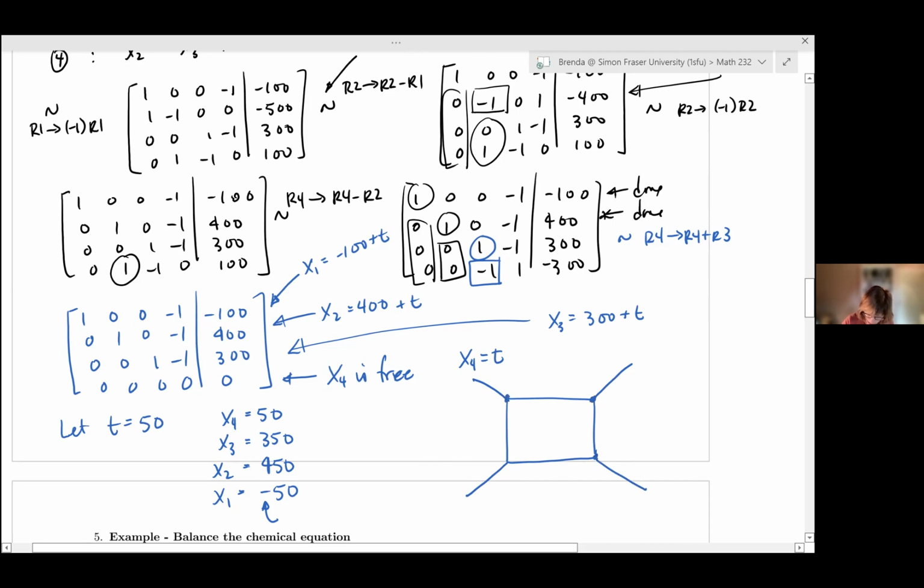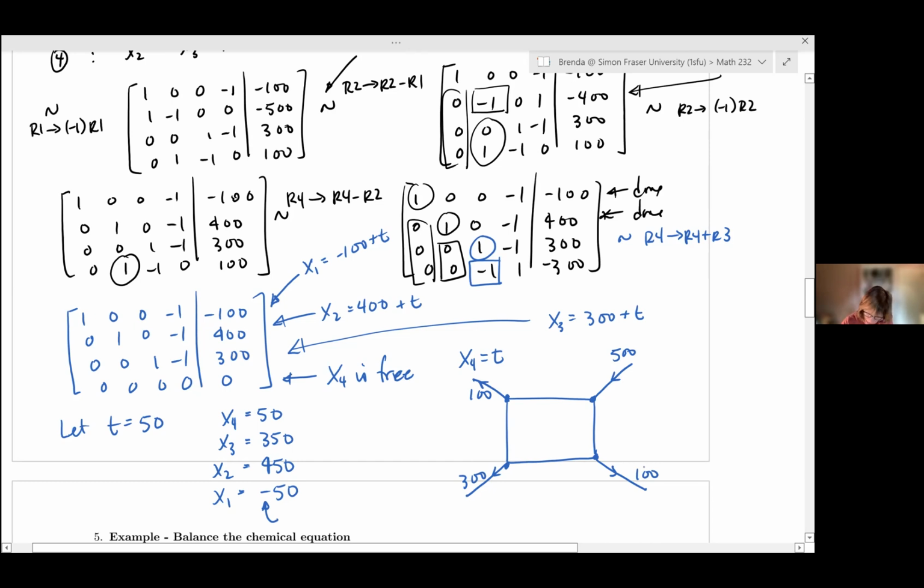So these are the nodes here like this. We had the known flows here of 100, 300, 500, and we have directions associated with these flows, that direction, and we had 300 out over here and 100 out over here.